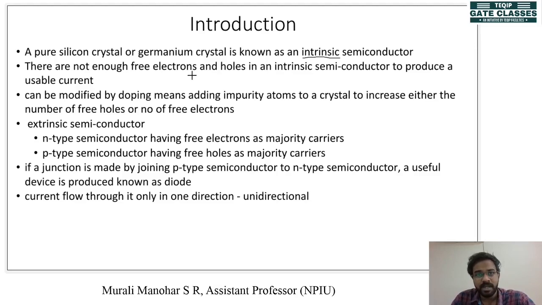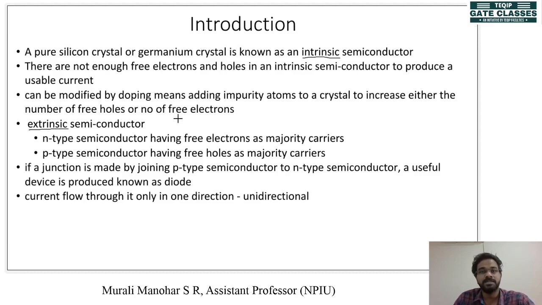These will either produce holes, that is a lack of electron, or produce a free electron. If you add trivalent impurities, that will produce a hole. If you add pentavalent impurities, that will produce a free electron. When you add impurities to a semiconductor, that semiconductor is called an extrinsic semiconductor.